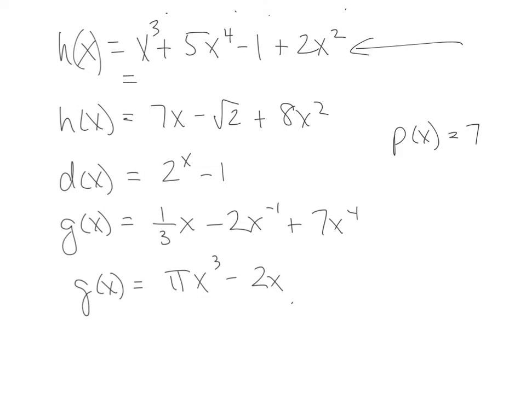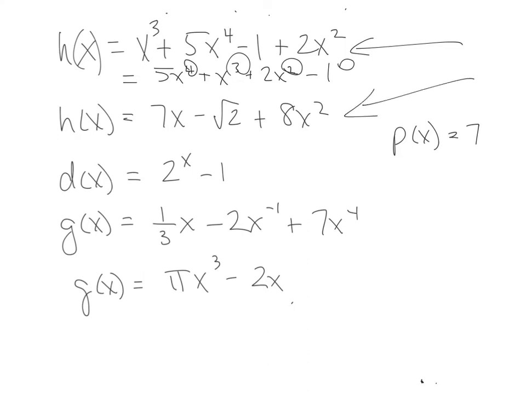To be written in standard form, we need the 5x to the 4th first, plus x cubed, plus 2x squared minus 1. Now that is in standard form because the exponents are going down from big to small. Okay?